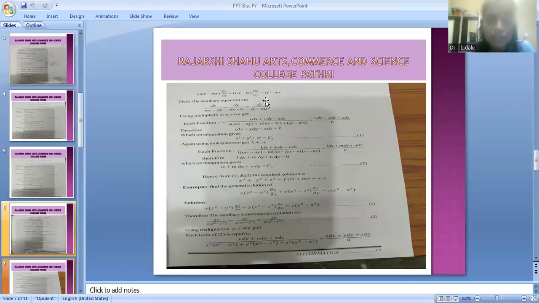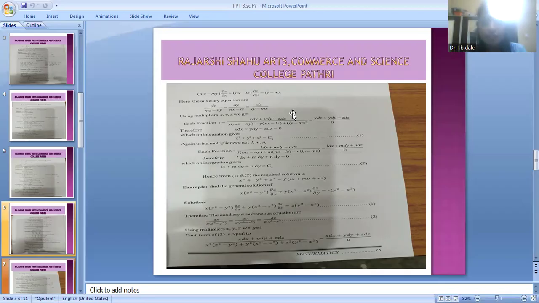Here the auxiliary equation is dx upon (mz minus ny), dy upon (nx minus lz), dz upon (ly minus mx). Using the multipliers x, y, z, we get each fraction equal to x dx plus y dy plus z dz upon x(mz minus ny) plus y(nx minus lz) plus z(ly minus mx), which is x dx plus y dy plus z dz upon 0.